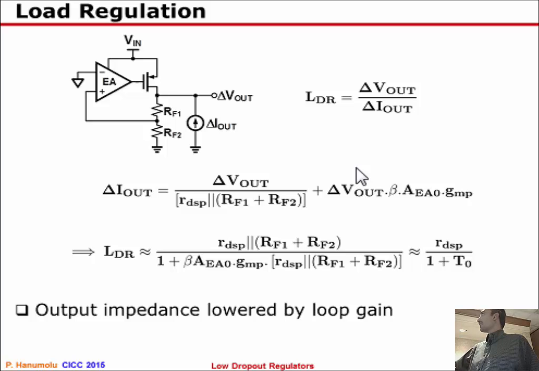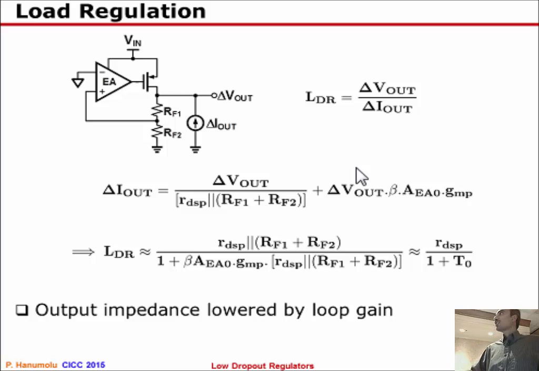So you get some current because of changes in RDS, that's this term here, and you also have any change here because of changes in I out, which will get amplified by the error amplifier gain and the GM of this transistor, and that term is shown here.